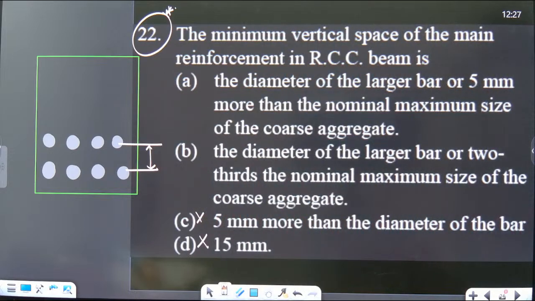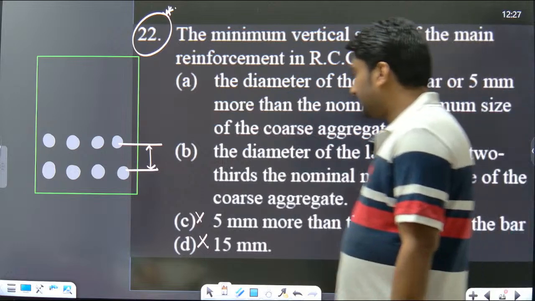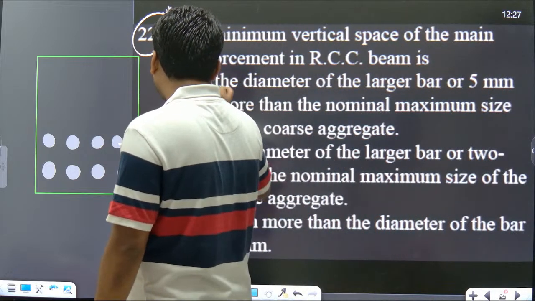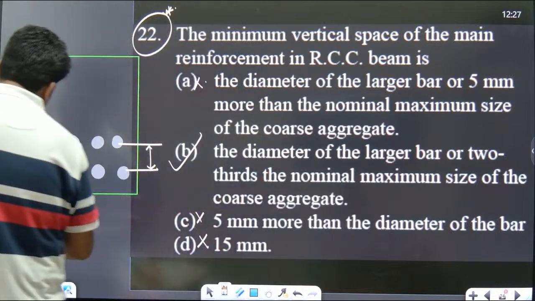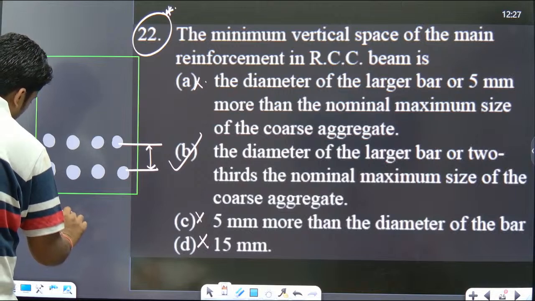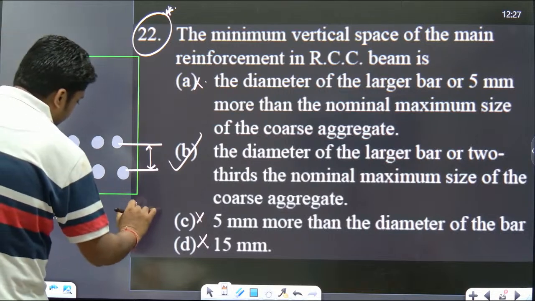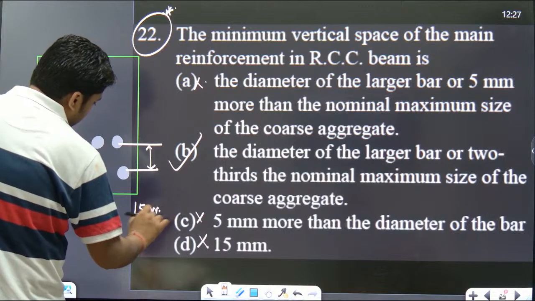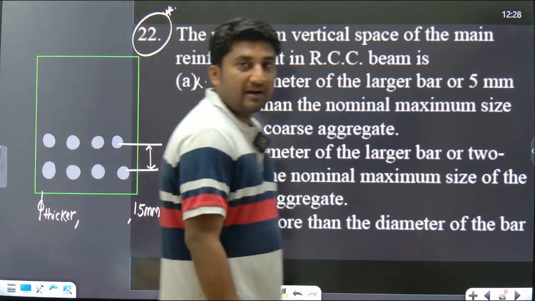Larger bar, 15 mm, this value is the diameter of the thicker bar, or 15 mm. That should not be more than 15 mm. Understood everyone?